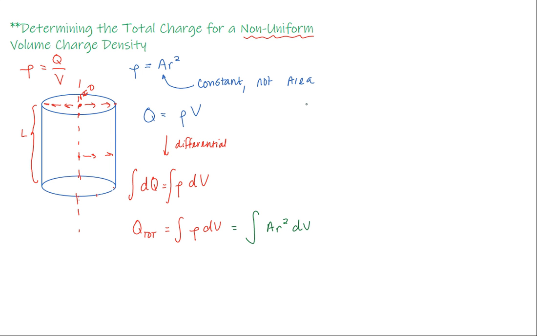So what I'm going to say is that dV, if we know that the volume of the cylinder is pi r squared L, which is the area times the height, that dV is going to be equal to 2 pi r L dr. If you think about going backwards, you would integrate that and you get this answer.